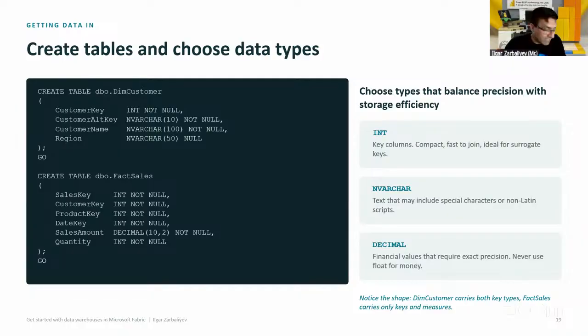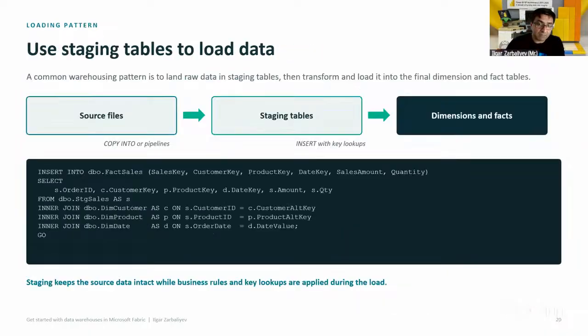So the general principle is to balance precision with storage efficiency. Do not define every text column as nvarchar(max) because you cannot be bothered to check the real length.